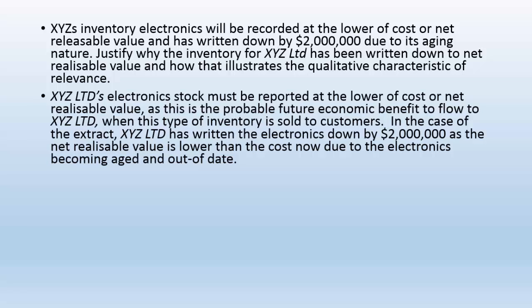So that's part of the definition of assets, probable future benefit to flow. In the case of the extract, XYZ has written the electronics down by $2 million as the net realizable value is lower than the cost due to the electronics becoming aged and or out of date.